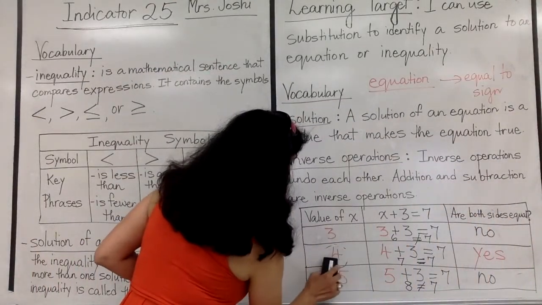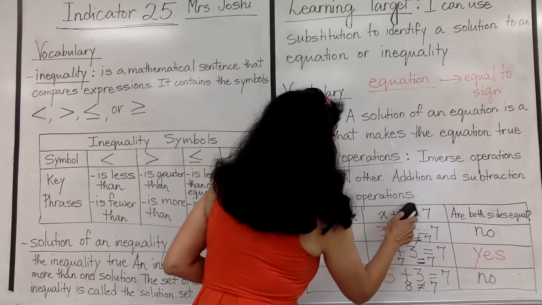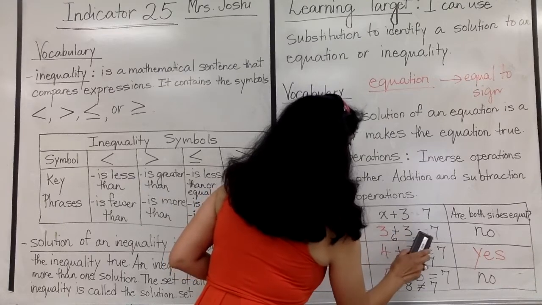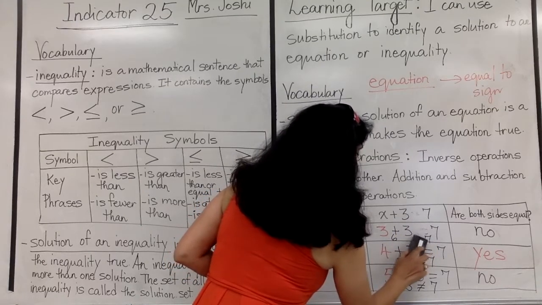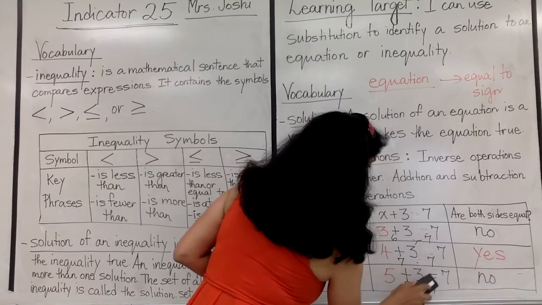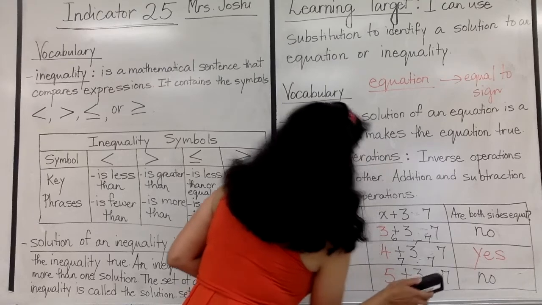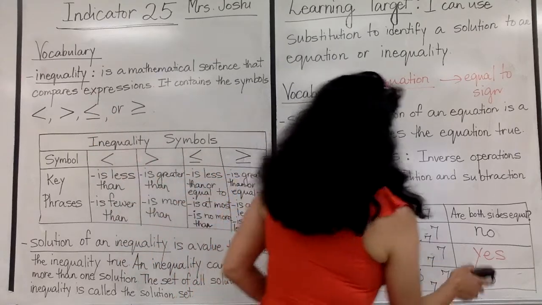I'm going to remove this and use the same problem, changing this part, because it's not an equation anymore, it's an inequality. An equation has an equal sign and an inequality has these signs.